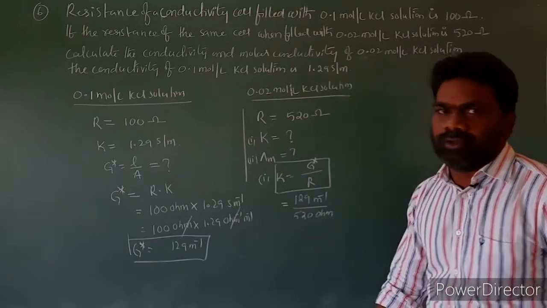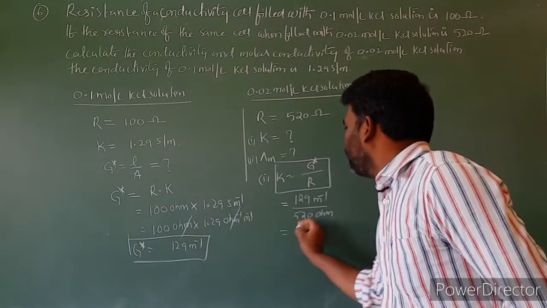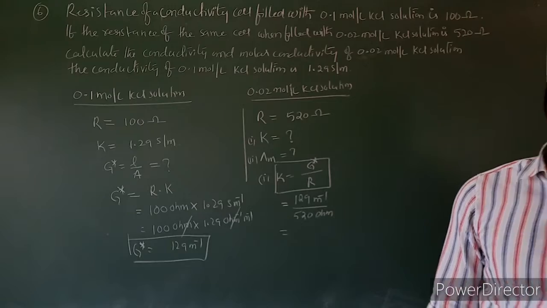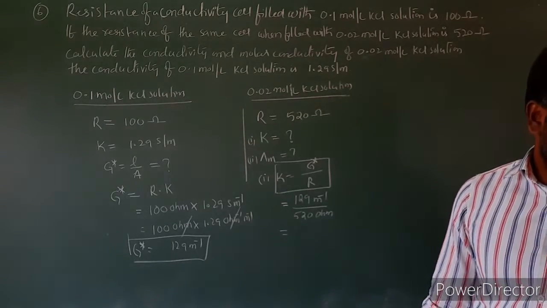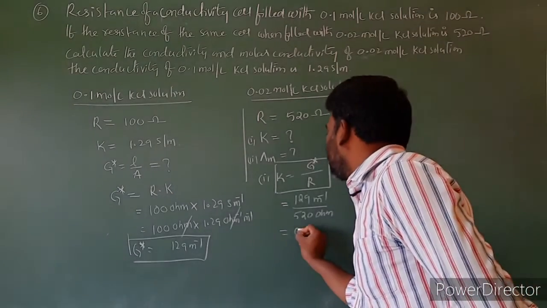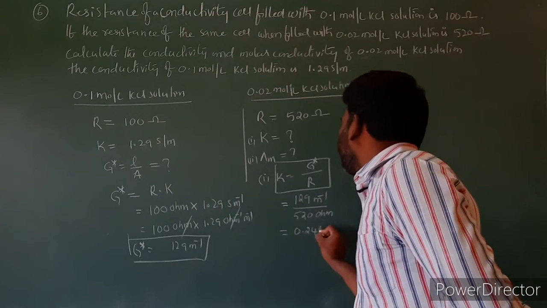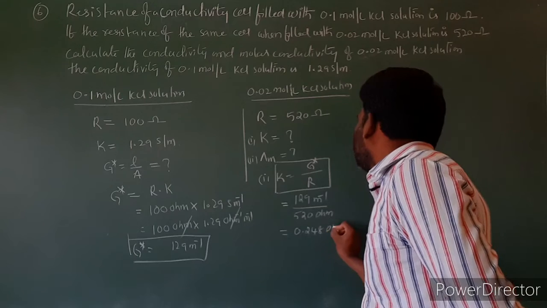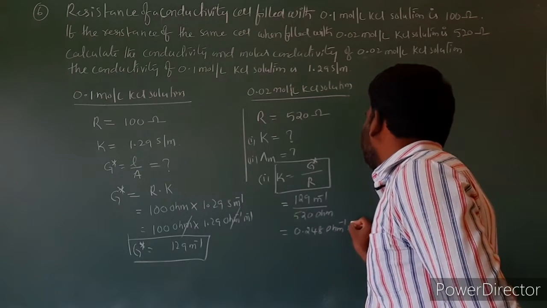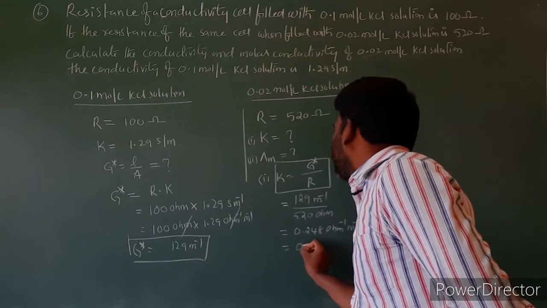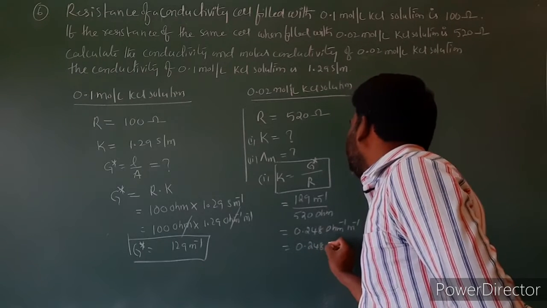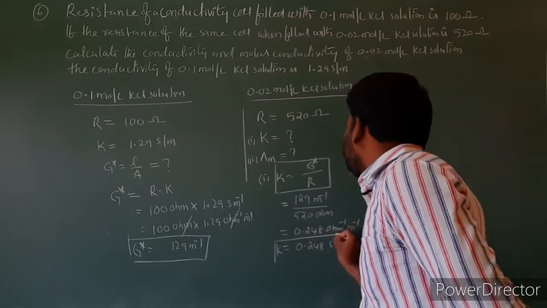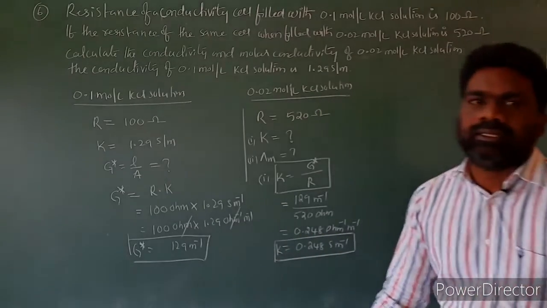Upon simplification, 129 by 520 is equal to 0.248 Siemens per meter. This is the K value.